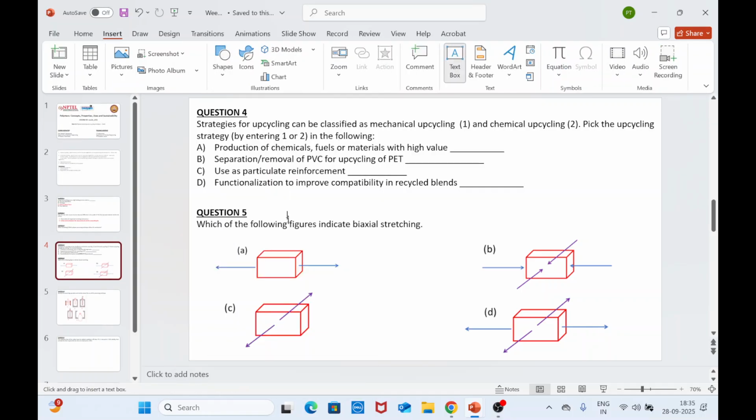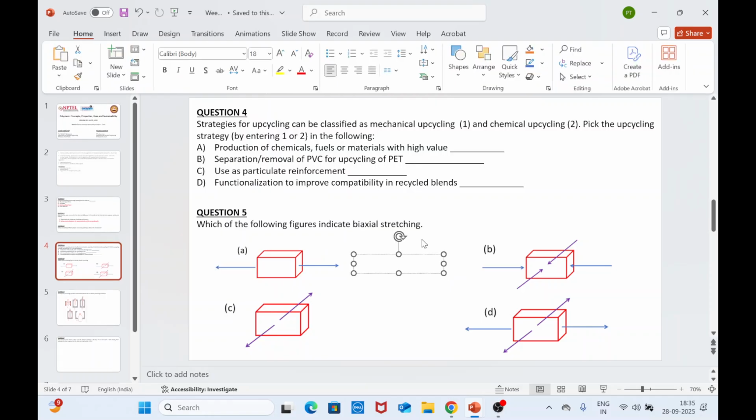This question was intended so that uniaxial means it's along one particular axis. If it is biaxial, then it will be in two different axes. That is the primary meaning. This is uniaxial stretching.